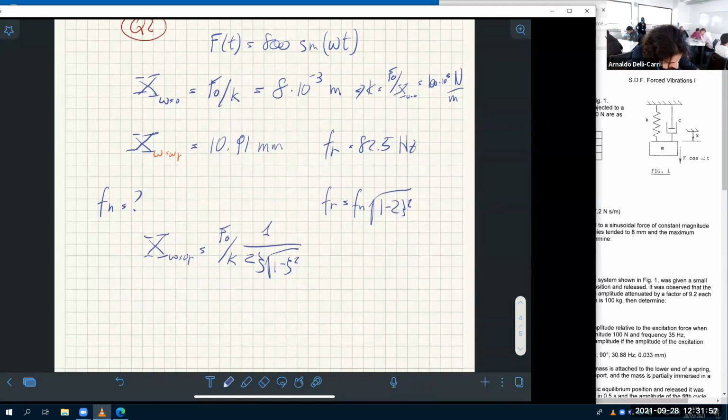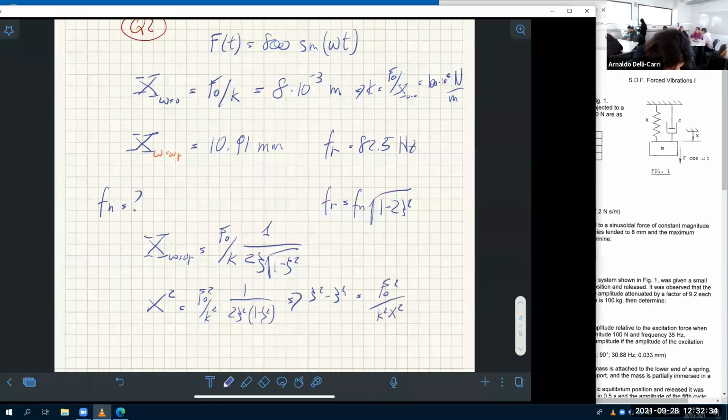So if I square everything up, I get x squared equals F0 over k squared times 1 over 4 zeta squared times 1 minus zeta squared. And so I get that zeta squared minus zeta to the power of 4 equals F0 squared over k squared x squared divided by 4.